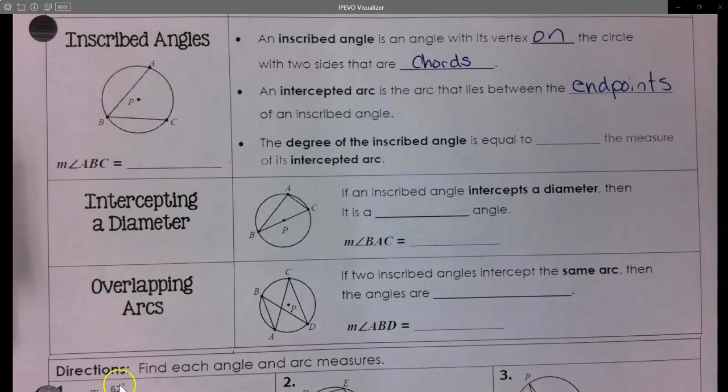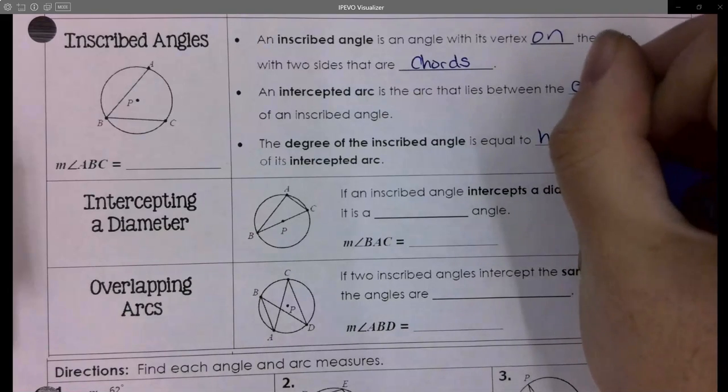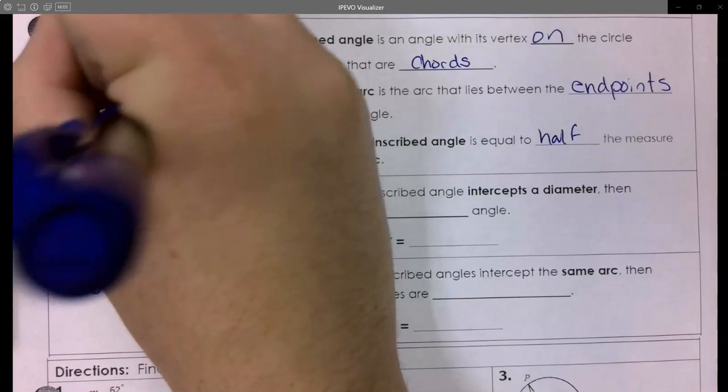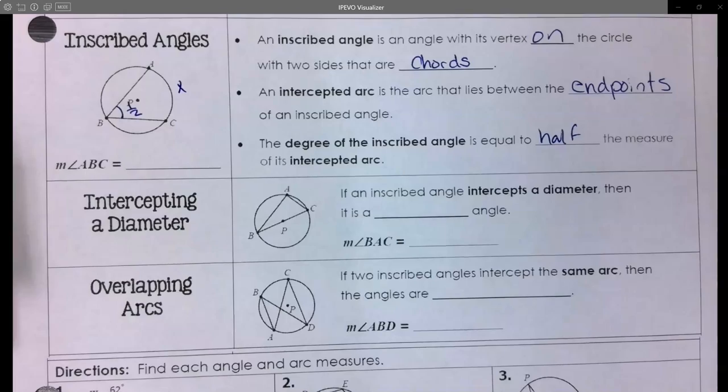Okay, so like I was saying, the degree of an inscribed angle is equal to half the measure of the intercepted arc. So this angle here is 1/2 of this angle right here.